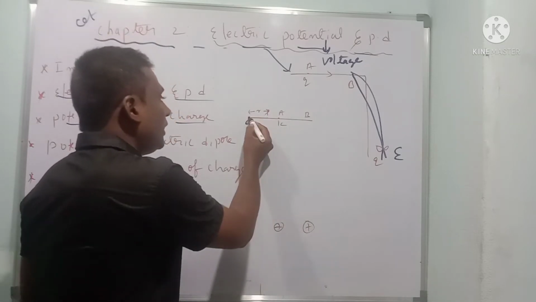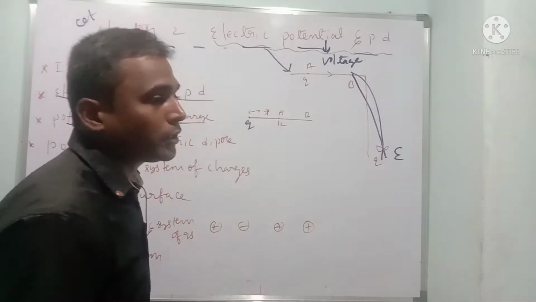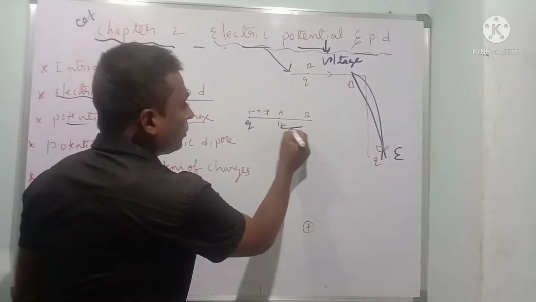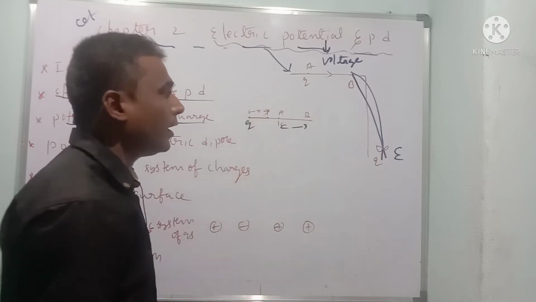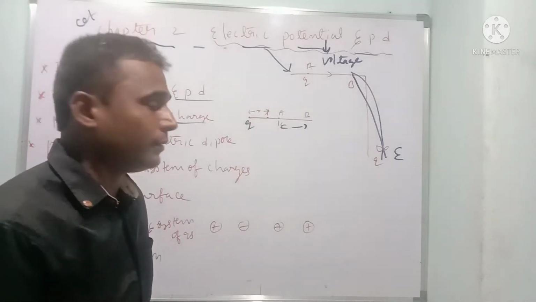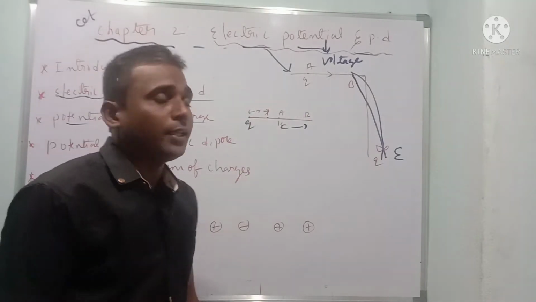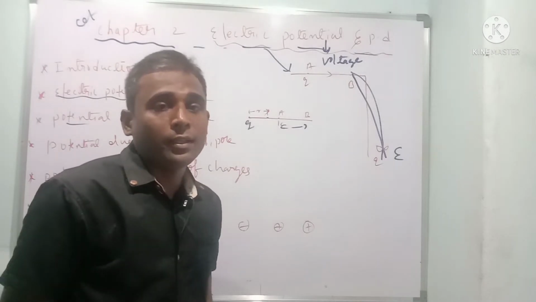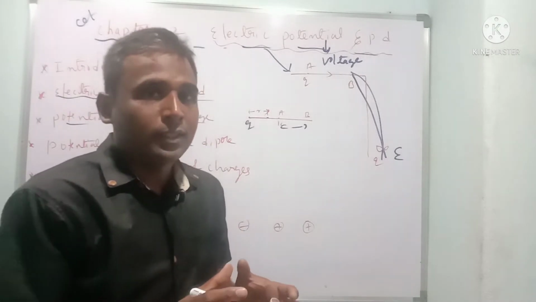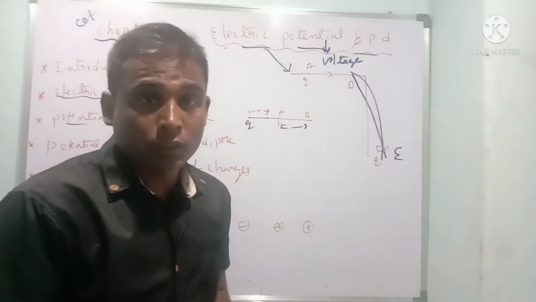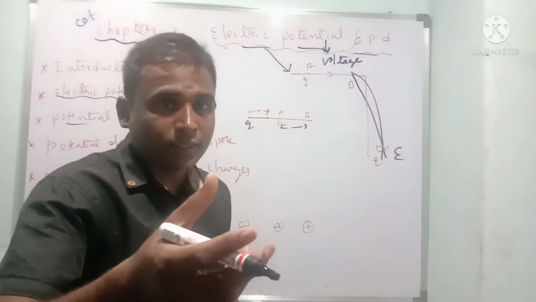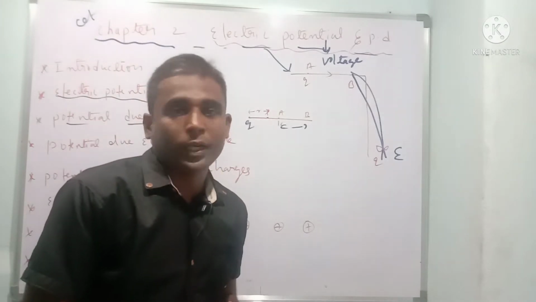Then how can we move the charge from point A to B, at a point P at distance r? A very simple diagram. Now we know that according to Coulomb's law, the force of attraction or repulsion between the two charges is directly proportional to the magnitude of the charges and inversely proportional to the square of the distance between them.